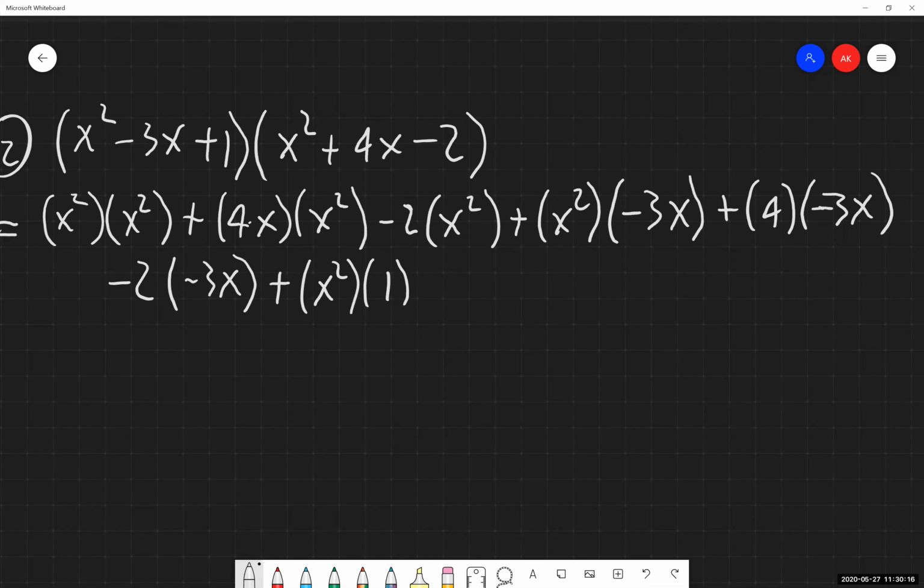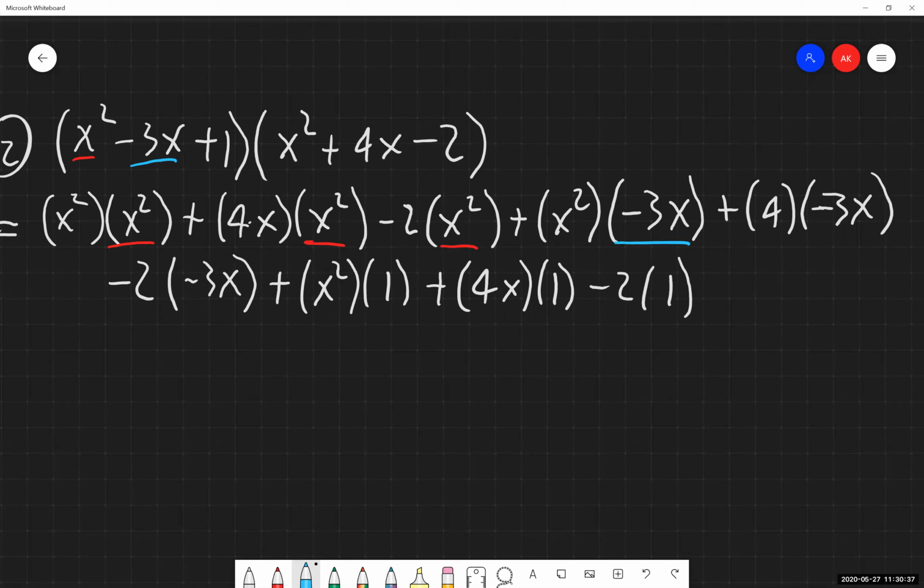And again, I'm showing this in gory detail with everything written out because it is worth seeing it written this way, at least once. So we had the x squared distributing through, we have here. We have the minus 3x distributing like we have here. And then we have plus 1 distributing through like we have at the very end over here.